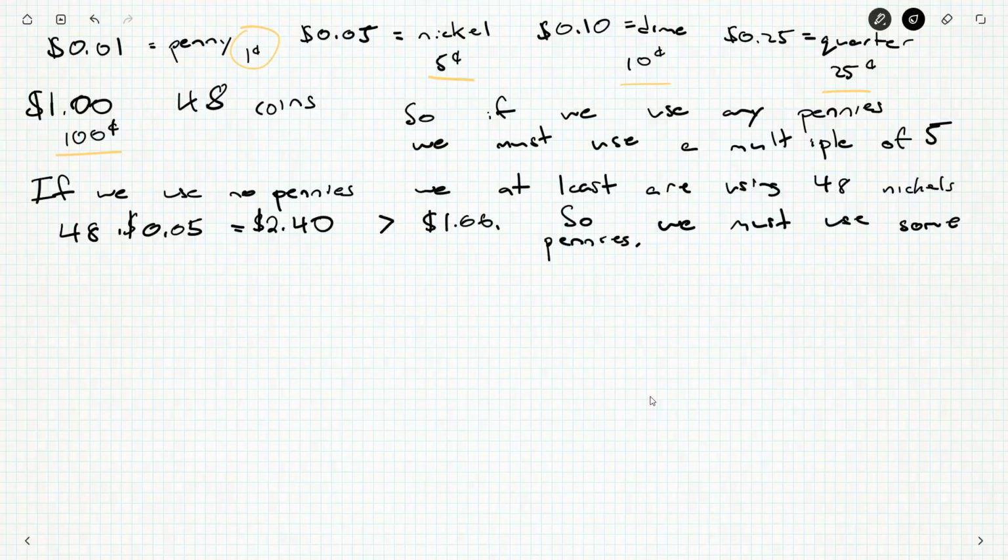Okay. So now it becomes a question of, how many pennies could we reasonably be working with? And we're going to have to experiment a little bit. Once we hit on a solution, just throwing one out there, maybe 30 pennies, 5 nickels, a quarter and a dime, or something like that, that gives 48 coins to give us $1, we could likely take that solution and manipulate it.